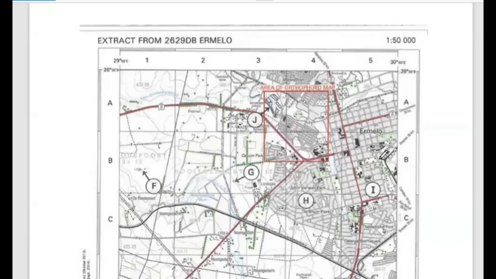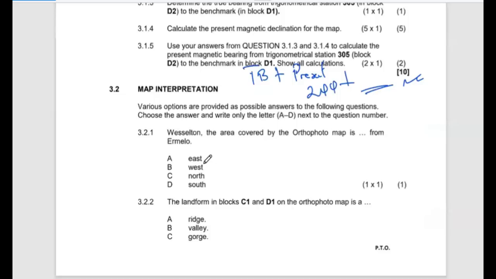So we want the direction of this area from MLO. MLO is here. So if we check this, we can put our compass over MLO here. It implies that the north is there, the west is here, the east is here, and the south is here. So the question is asking about the direction. So it's basically the west.